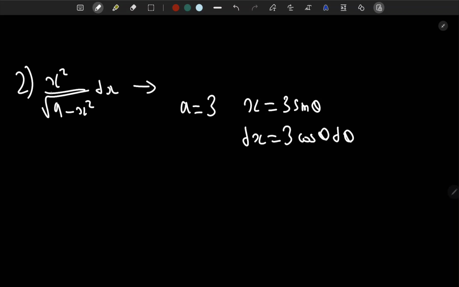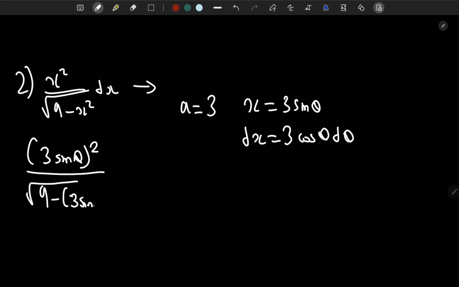So the numerator, x squared, becomes 3 sine delta squared, over radical of 9 minus 3 sine delta squared, and dx is simply 3 cosine delta d delta, and we multiply this, with the integration.